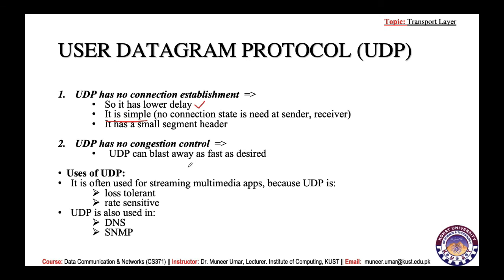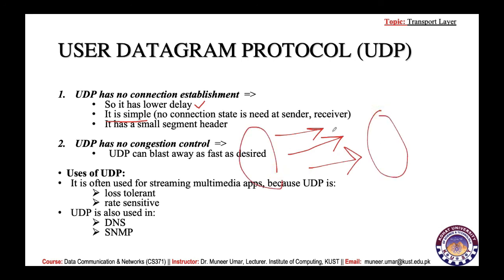UDP has no congestion control. As we say that UDP is a simple protocol and it has only one responsibility, that is to ensure process to process data communication. So it blasts all the data in one direction from the sender to the receiver without knowing the status of the sent packets.